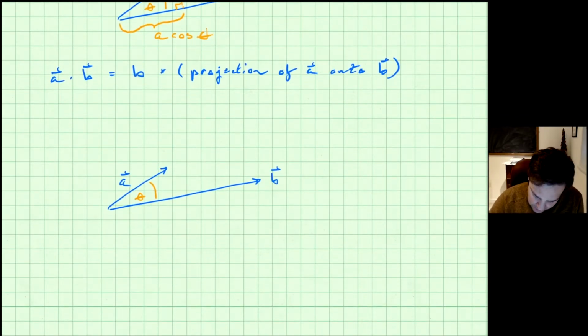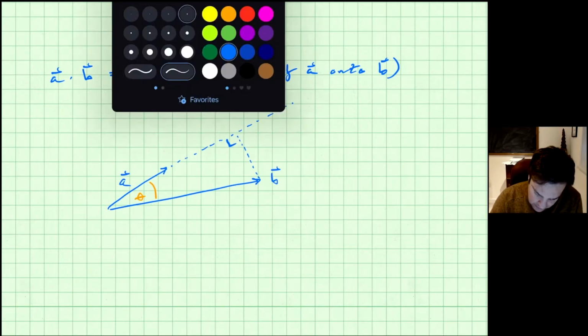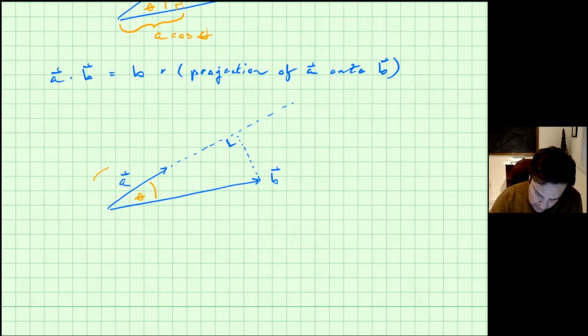And b times cosine theta, if you extend this vector like that, and make a right triangle, then this length here, we'll use orange again, this is b times cosine theta. What I mean is it's this length here. So it's the part of b that points in the direction of a.